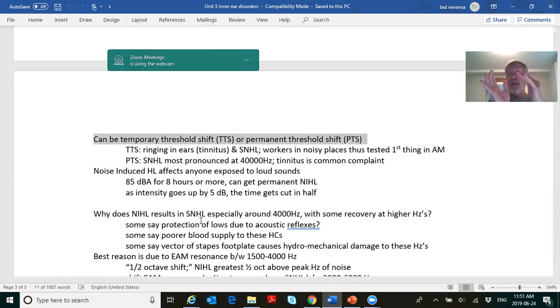Overnight, they'll stand up again. But if you keep walking over the grass, you'll wear a pathway, and now the blades are gone. Permanent threshold shift. You get it? That's why workers in noisy places, when they're being tested for noise-induced hearing loss, they're tested first thing in the morning, before their exposure to the noise.